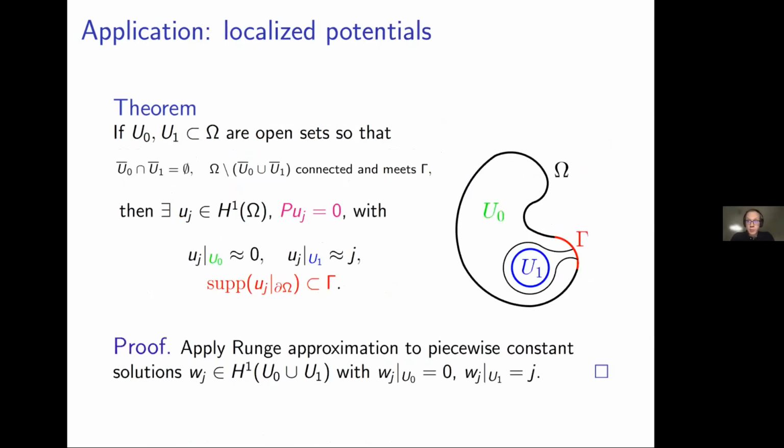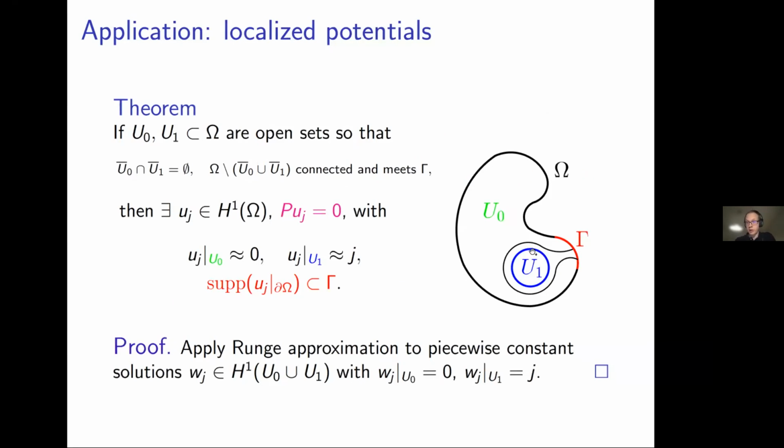So here's one application of the Runge approximation property. This is sometimes called localized potentials. You have the following geometric setup. Again, you have a domain omega, and you have two open sets U0 and U1. And you assume that they are disjoint. And there's, again, some topological condition related to the complement, but maybe it's easier just to look at the picture.